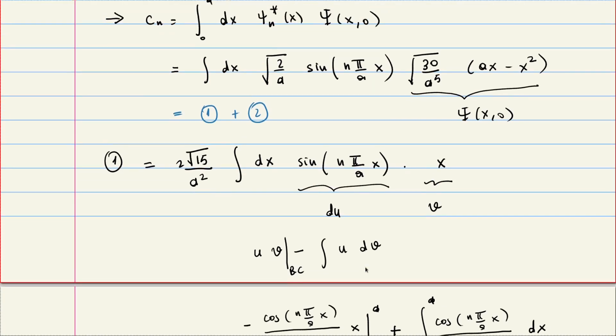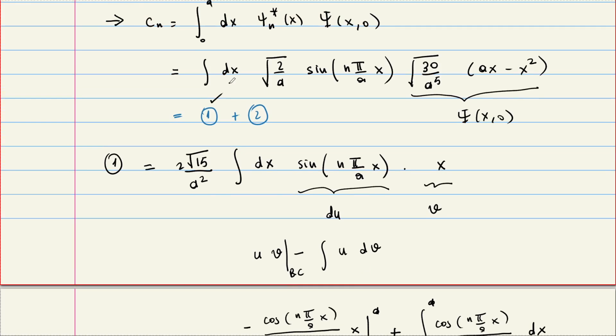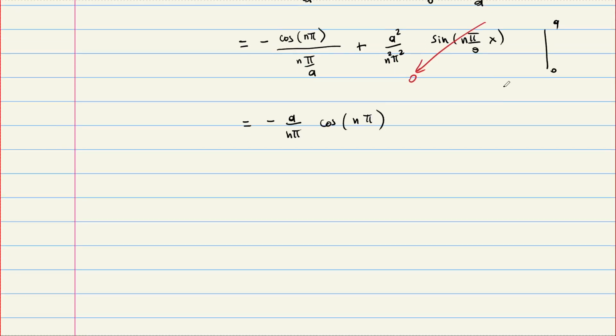Let's go back. We forget what we were doing, but what we were doing was we got term number 1. Now we need to do the same thing with term number 2, because for x we had to do 1 by parts, for x squared we had to do 2 by parts. How many people want me to do this, or how many people want me to write the result? How many people want the result? Okay, nobody wants me to do it, so let me write the result.